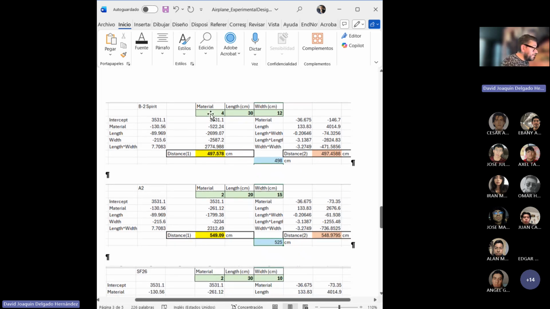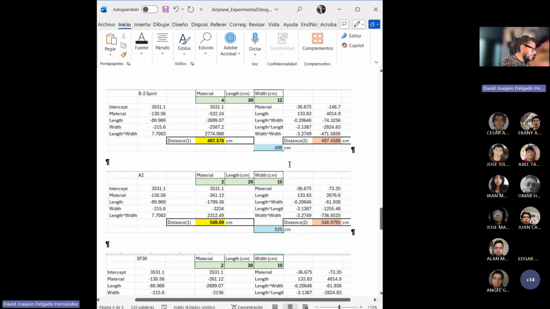Look, for the very first airplane, the B2 Spirit, the predicted distance with my first model is 497, and with the second model it's again 497, and this is very exact. These two models are excellent for predicting the distance of this B2 Spirit, right? Because the actual real-life distance was 498.